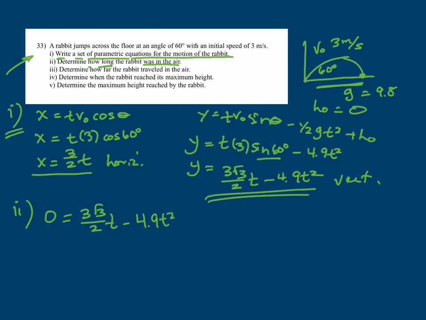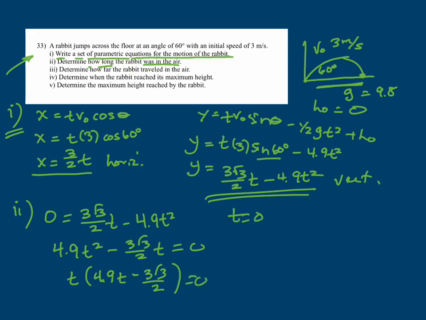So then let's factor: 4.9 t squared minus 3 square root of 3 over 2 t equals 0. So factor out a t and you get t times (4.9 t minus 3 square root of 3 over 2) equals 0.